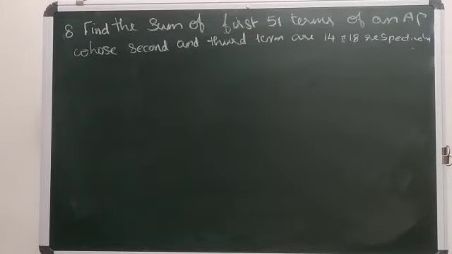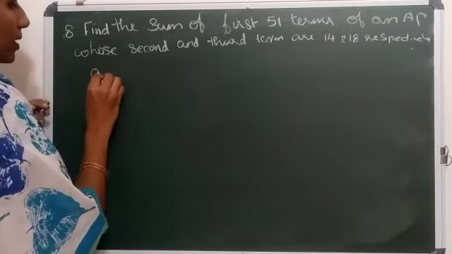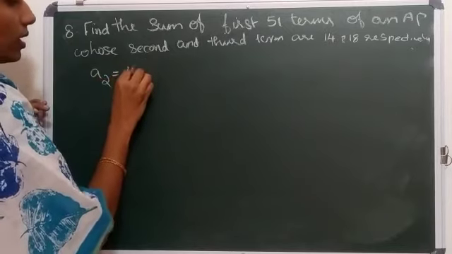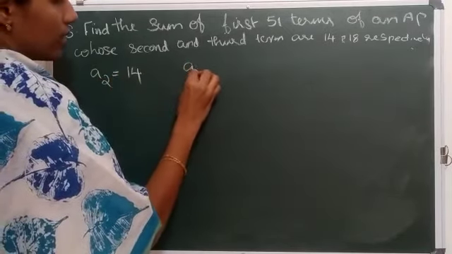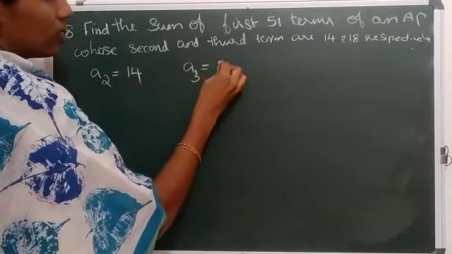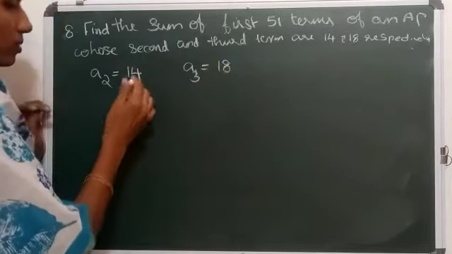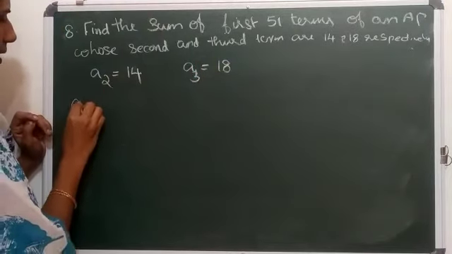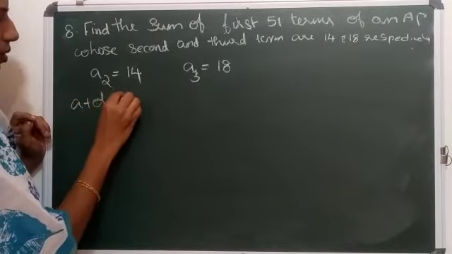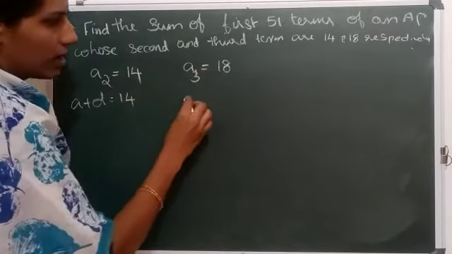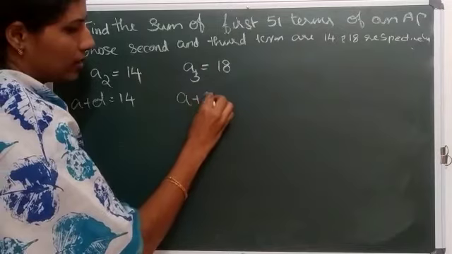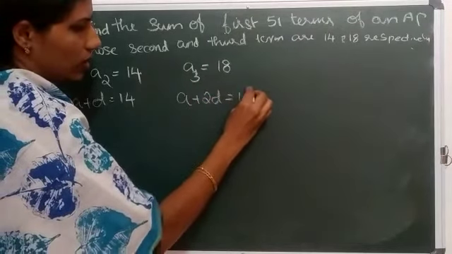Question number 8. Find the sum of first 51 terms of an AP whose second and third terms are 14 and 18 respectively. So what are the data given? Second term is 14 and third term is 18. So a2 we can write as a plus d equal to 14, and a3 as a plus 2d equal to 18.